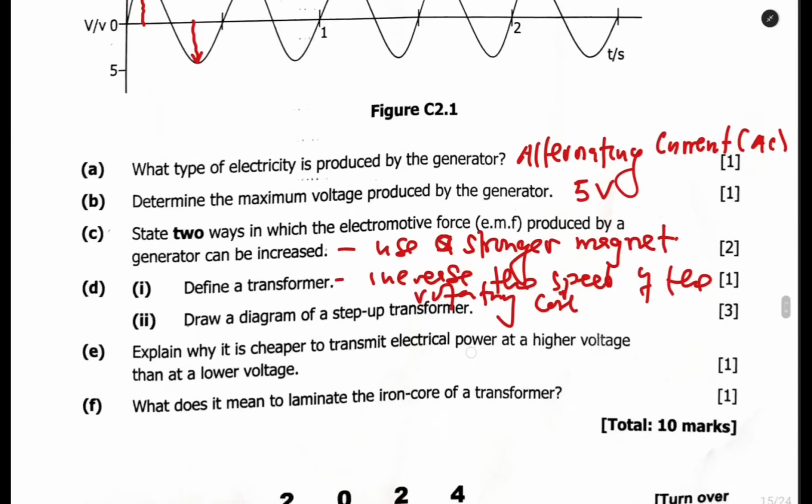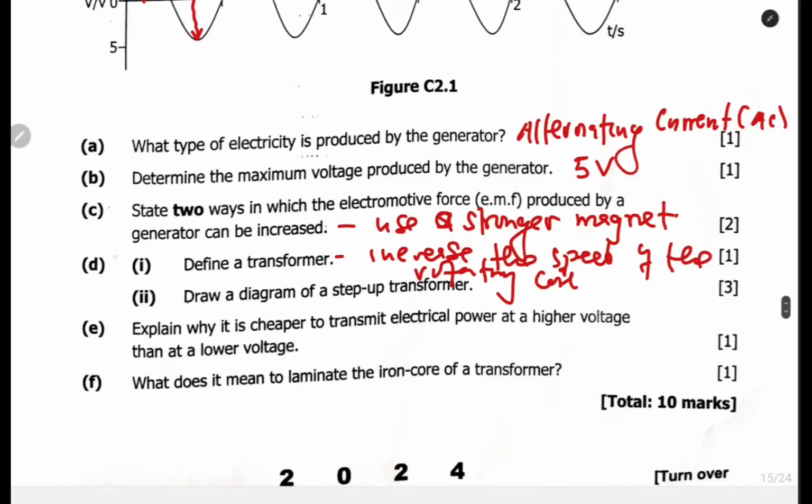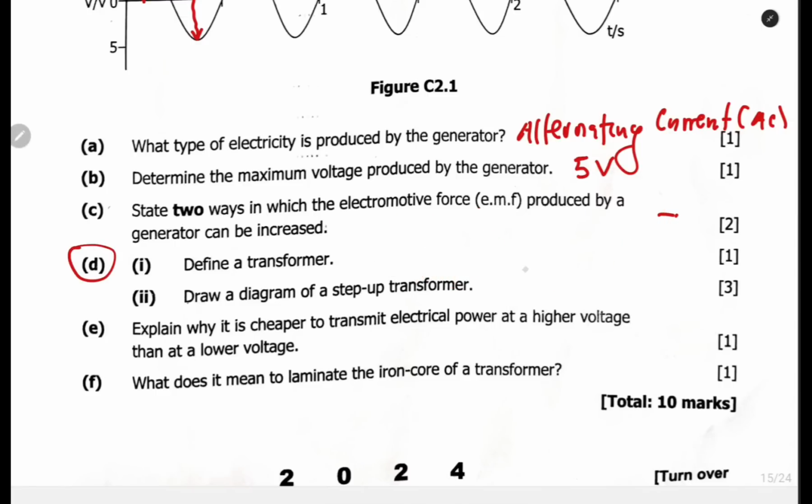Then now question D. Okay, so I'll clean this part since we've used the part for question D. Define a transformer. So a transformer is a device that steps down or steps up voltage.